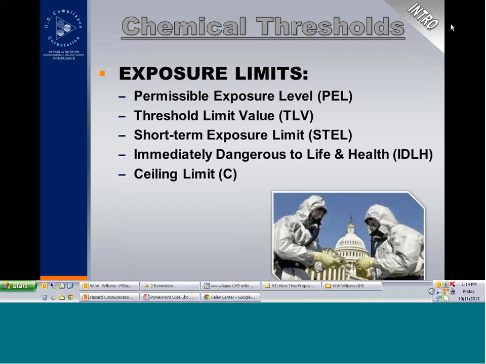It's not always that easy to determine whether or not that material is present because, for example, byproducts of vehicle exhaust such as carbon monoxide have no smell. There are no visual clues. We don't know it exists until the effects start occurring to our bodies.